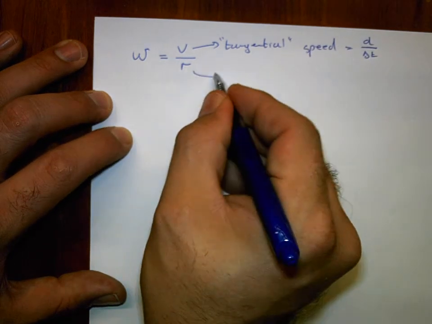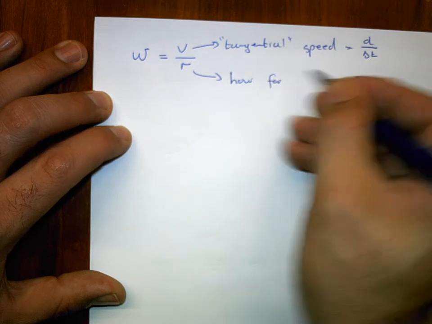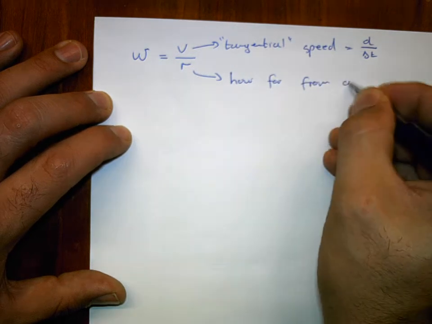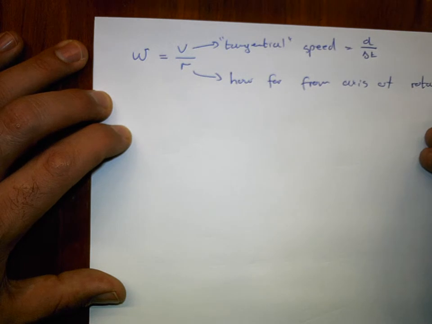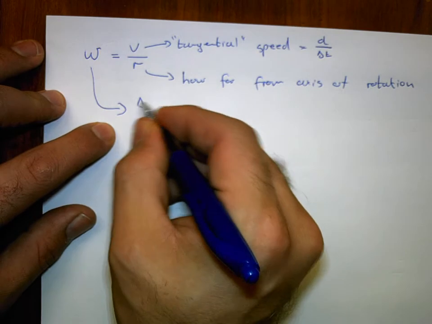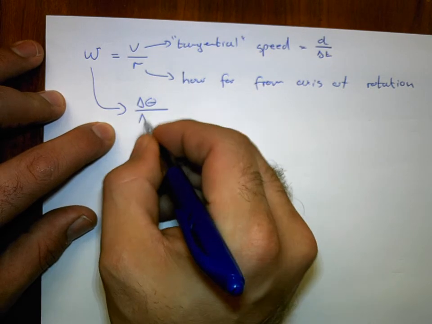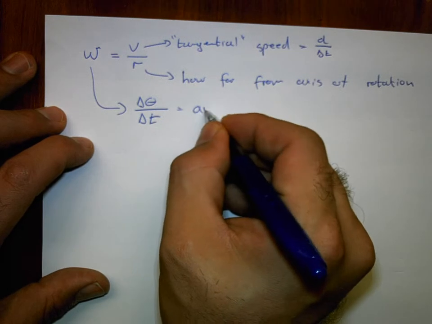And this is how far from the axis of rotation. And this quantity is just equal to the angle swept out in a certain amount of time. So that's the angular speed.